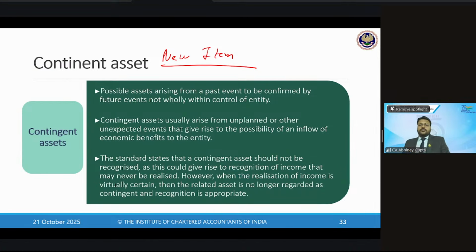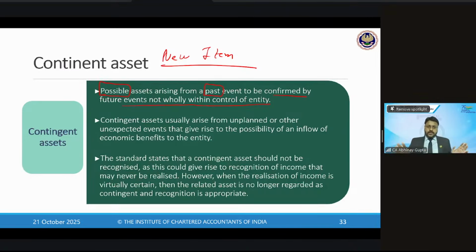The mirror effect of this would be the contingent asset, for example, a possible asset that arises from a past event, to be confirmed by future events not wholly within the control of the entity. Now think from the perspective of the two parties in the court of law. For one, it would be a contingent liability. For the other, it could be a contingent asset.